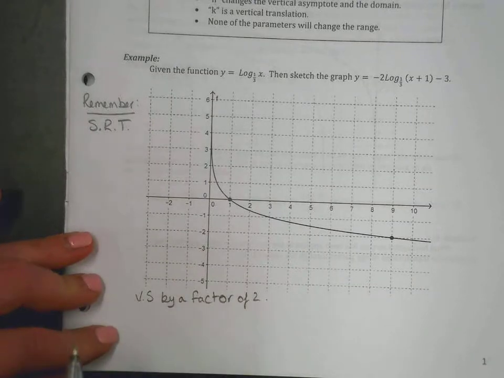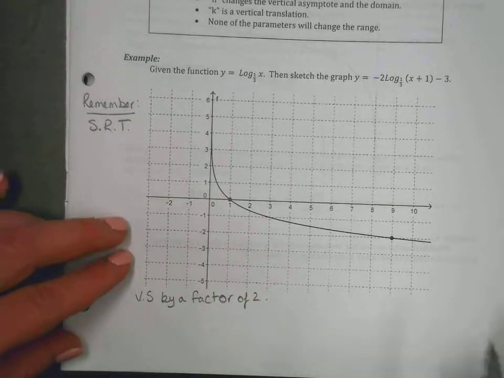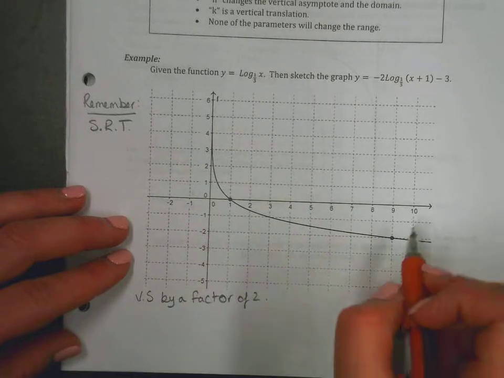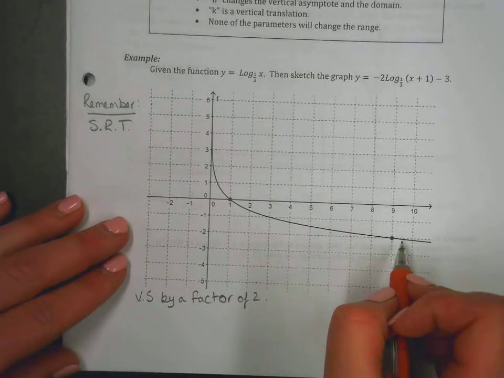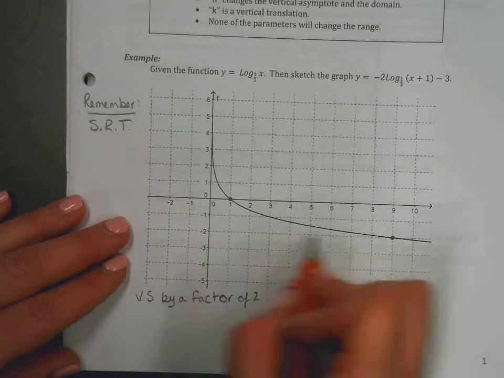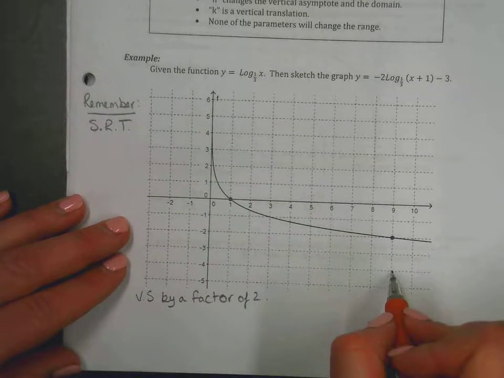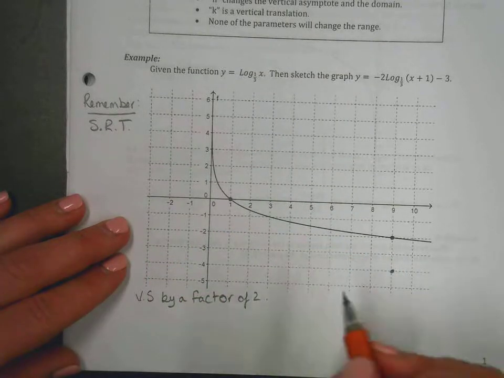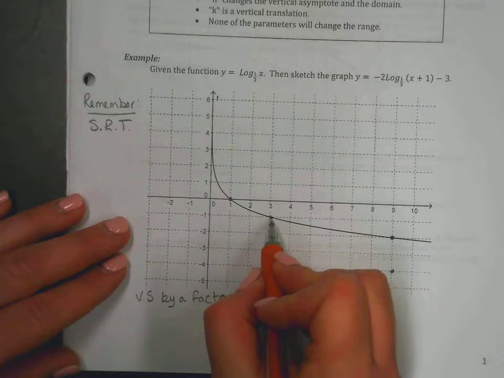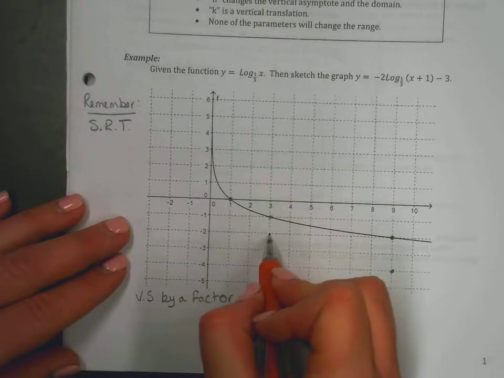Okay, so let's apply that first. I'm going to take these points and physically stretch them vertically by 2. So this point here is at -2. If I stretch it by 2, that point's now going to come here. This point is going to stay the same. We can also go off this point here at -1. That's going to be a -2.